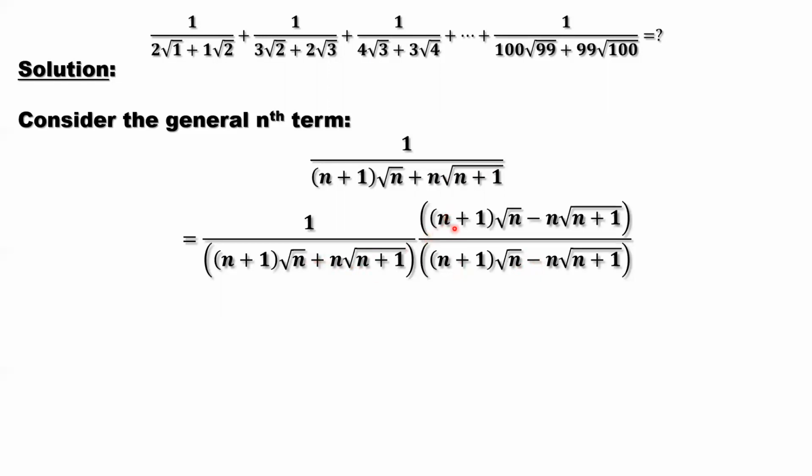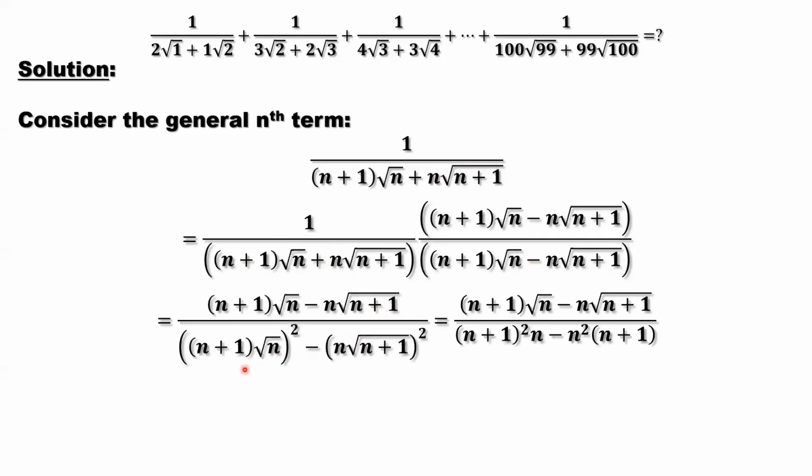Both numerator and denominator times the same conjugate of the original denominator. So here you can see that's A plus B, A minus B. We can use the formula: equals A squared minus B squared.